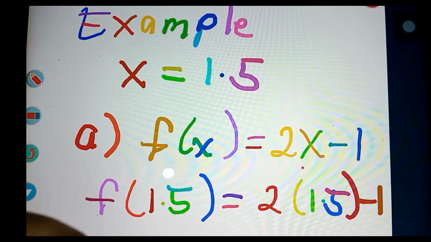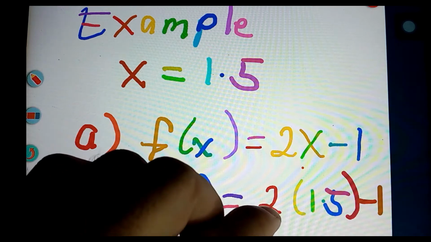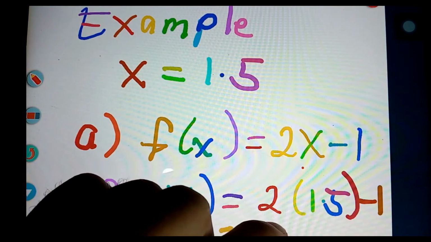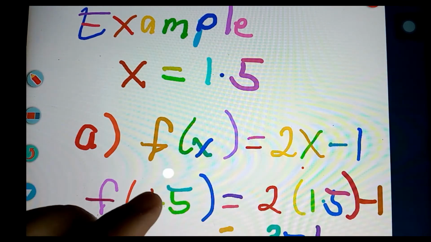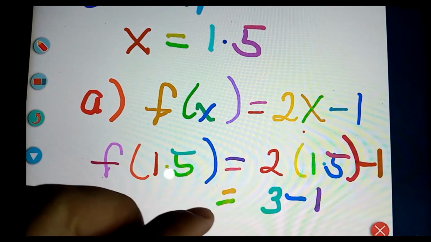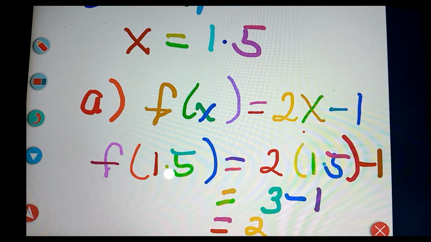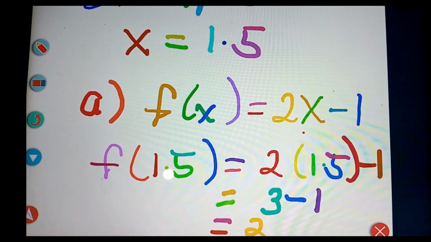So the value of 2 times 1.5 is 3, minus 1, equals 2. So the value of the given function f is 2.